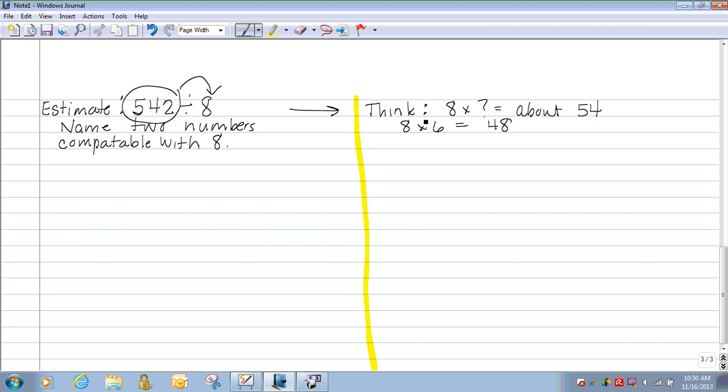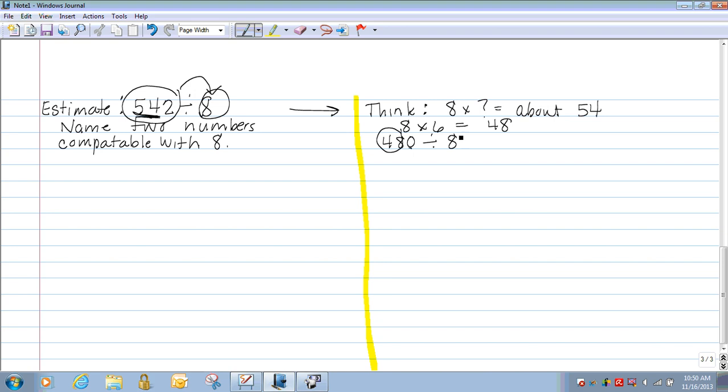So if I change this 54 to 48, and this 2 we're going to round to a 0, we'll have 480, and I divide that by 8, my divisor.